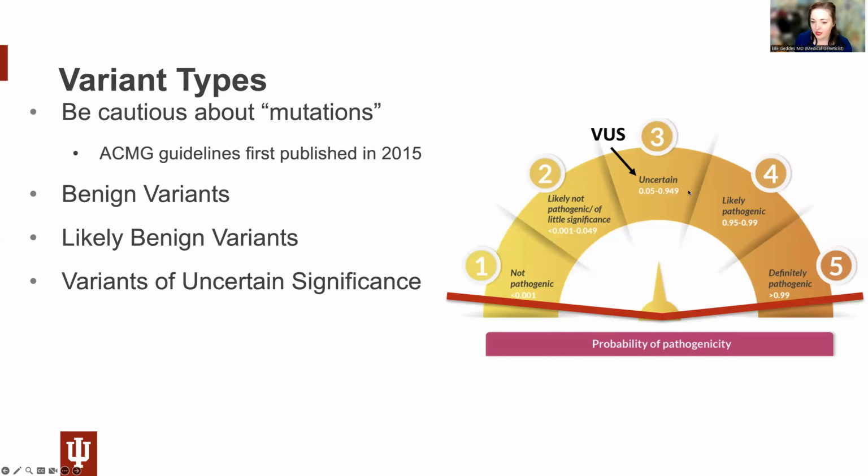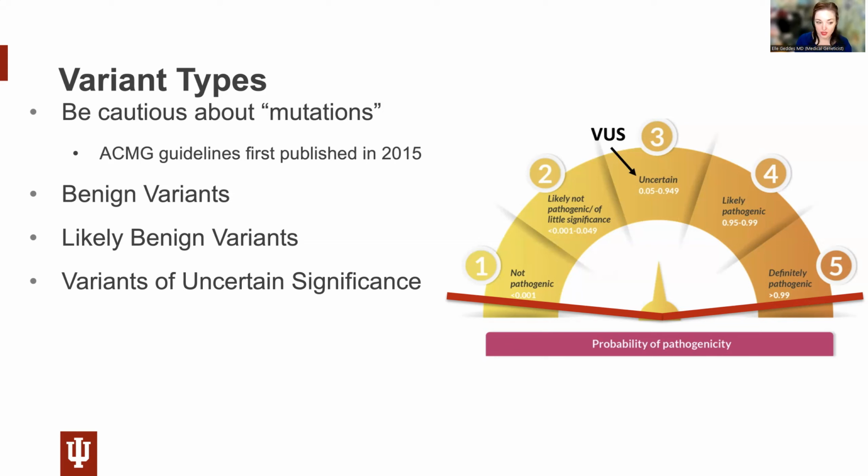And so when you're actually looking at when we're doing sequencing and when we're doing genetic testing, 90% of the variants we come across are going to fall into the variant of uncertain significance category. So it's common, if not expected, when you do certain types of tests that you will get a variant of uncertain significance, at least one.